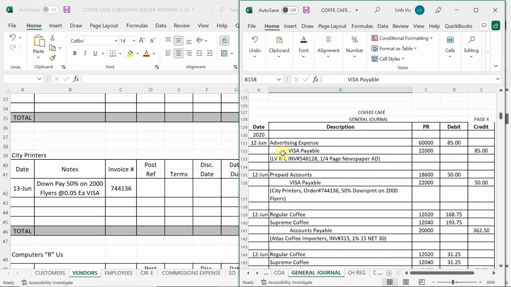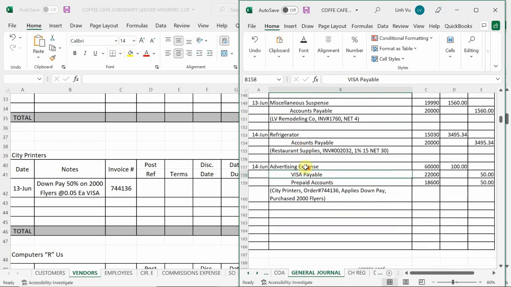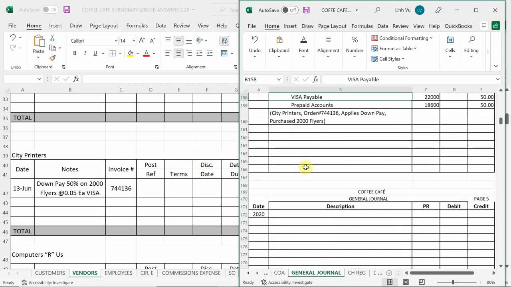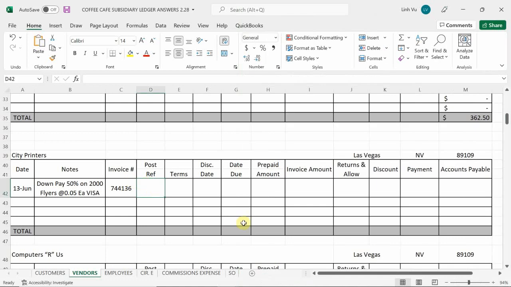Right here, it was on journal page 4, and then we picked up the flyers also on page 4. It was for $50, which we paid using our Visa Payable.